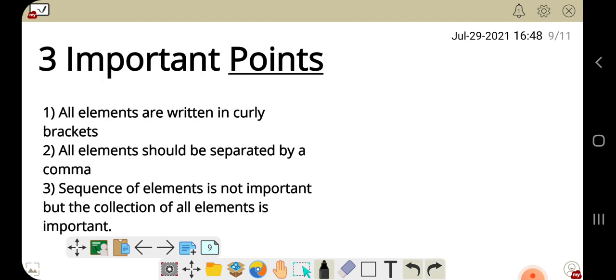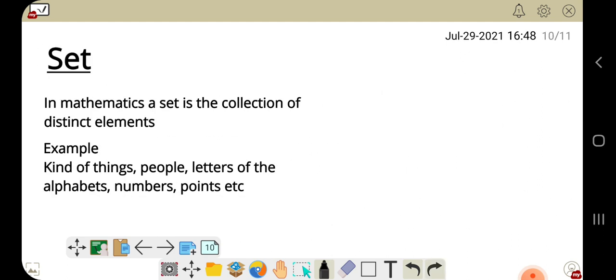Now remember, we have to learn one more concept here, that is set. What is set? Set in mathematics is the collection of distinct elements. If you have to collect some elements in mathematics, that collection will be called as set. Remember one thing, set will be always written in curly brackets.